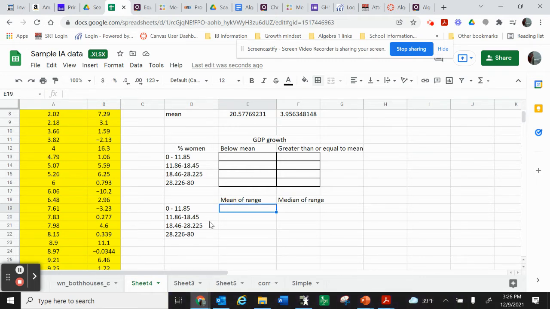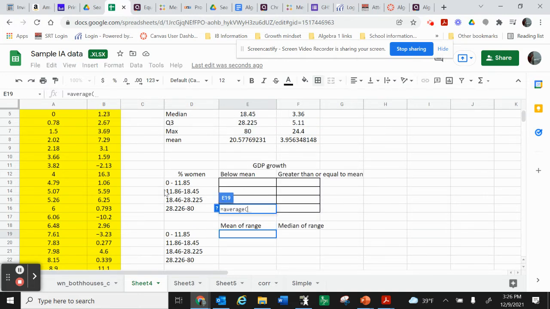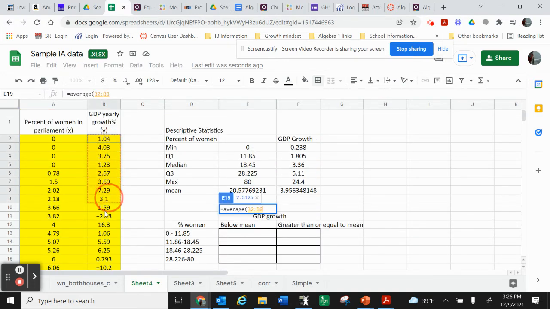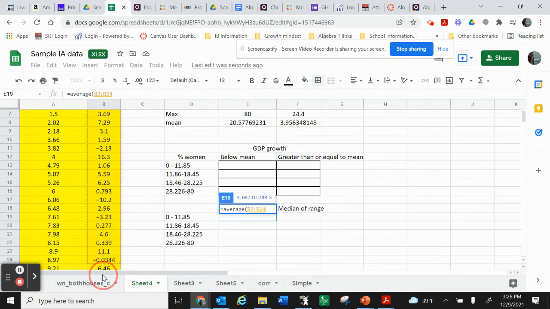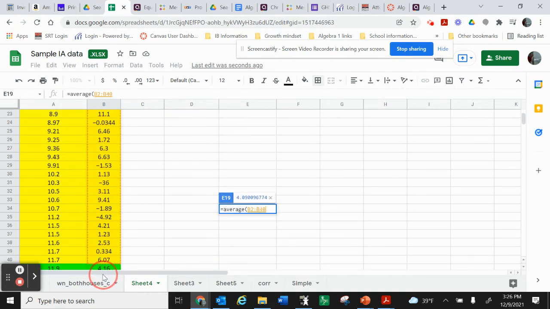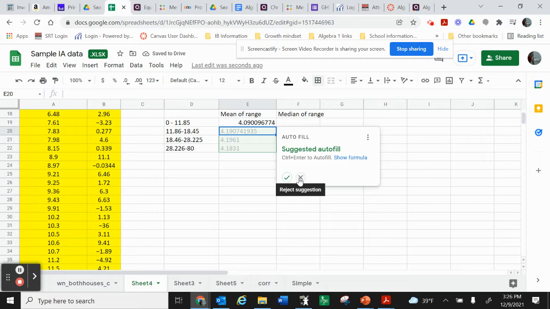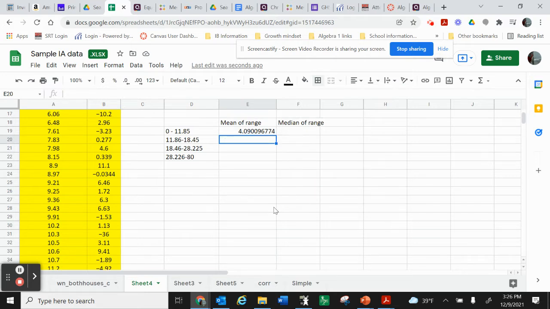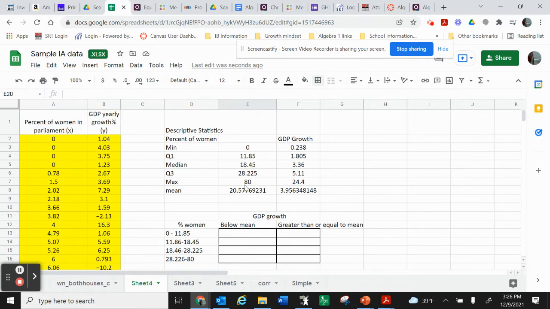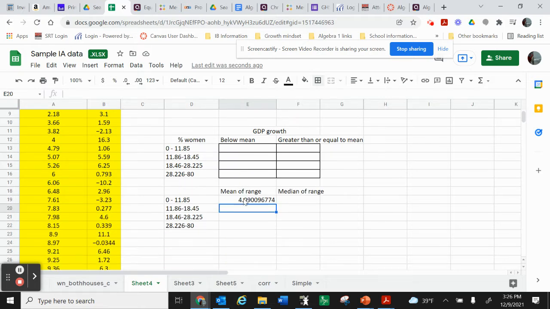For instance, my first quartile is in yellow, and I just want to find the mean of the values in yellow of my other variable, not the one that's my range. Okay, so I know I have an overall mean of 20.6, but the mean of that range is 4.09.